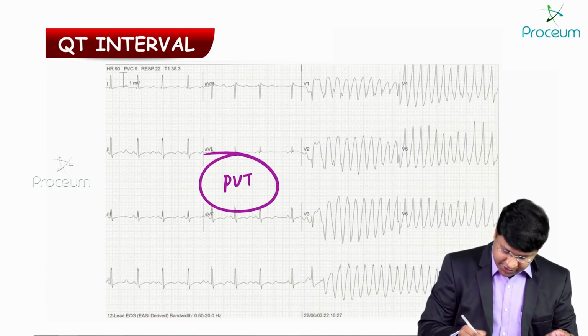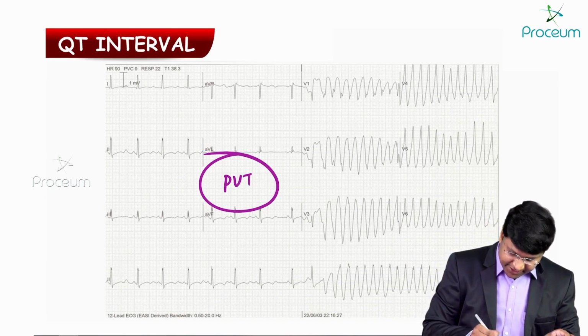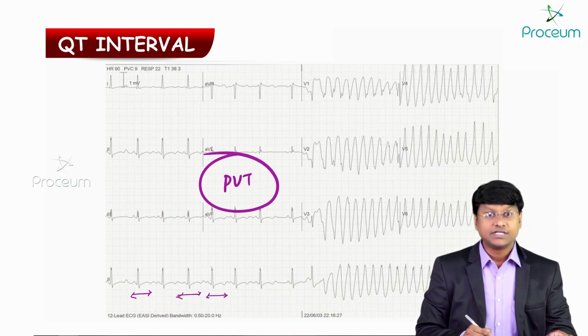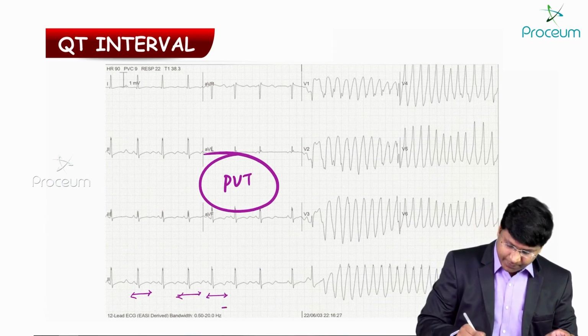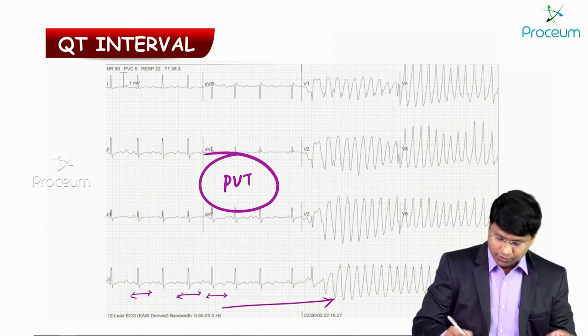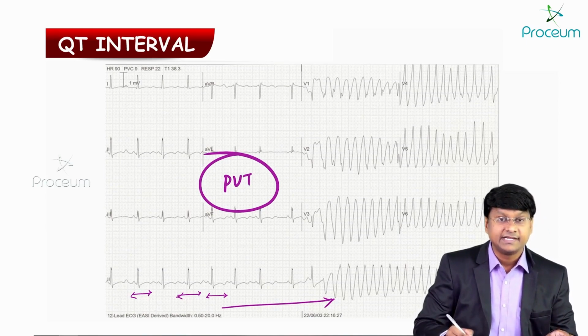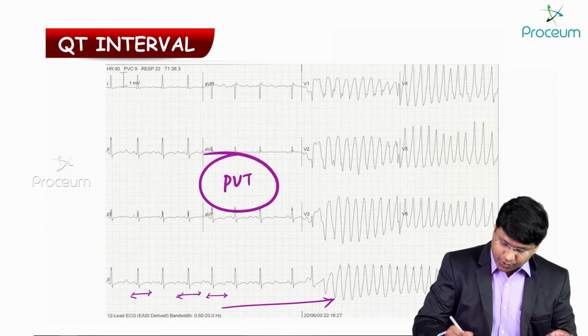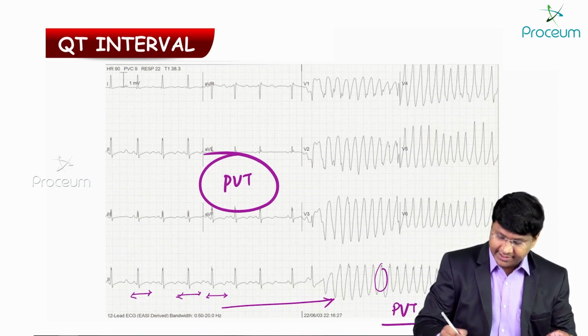You see here in the early part of your ECG complexes, you have the presence of the prolonged QT interval, right? So this prolonged QT interval will progress to tachycardia, and this particular tachycardia is polymorphic because the QRS complexes are not of similar morphology. That is why it is called polymorphic ventricular tachycardia.